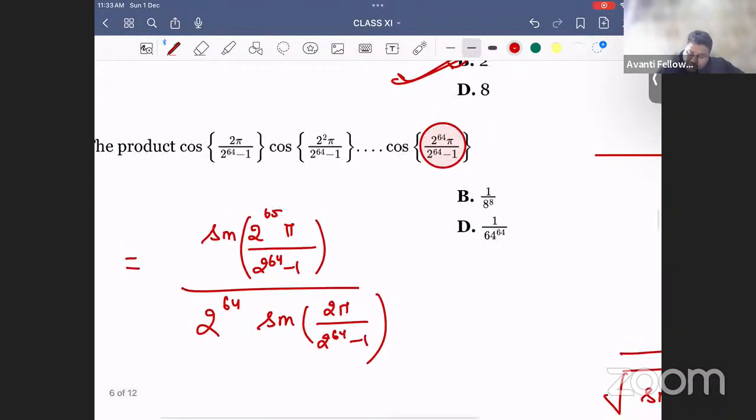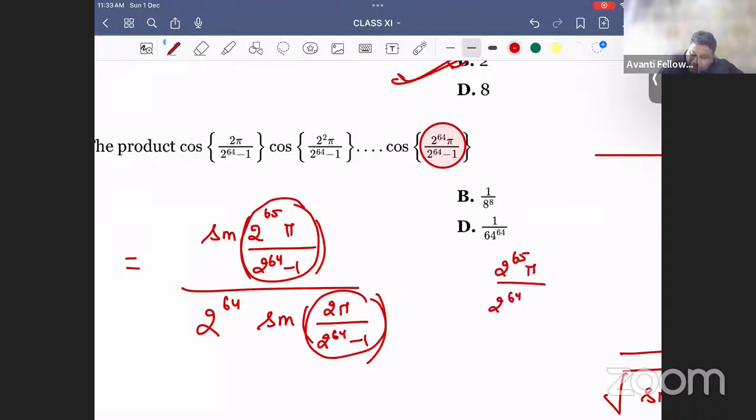Now, if you see, if I subtract these two angles, this and this, 2 to the power 65 pi upon 2 to the power 64 minus 1 minus 2 pi upon 2 to the power 64 minus 1, you are going to get 2 pi. Correct?